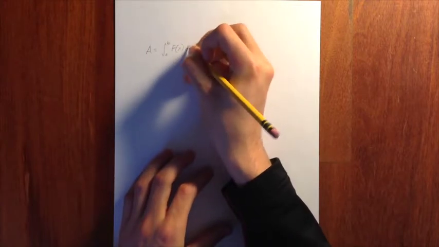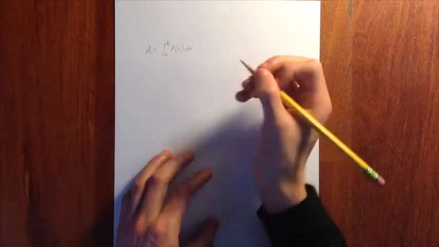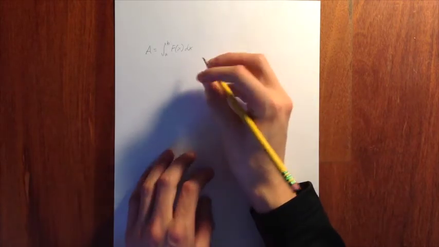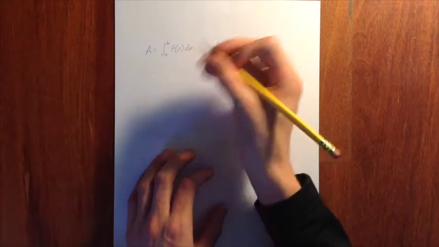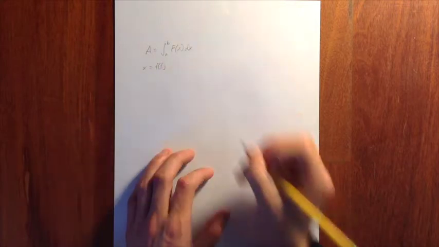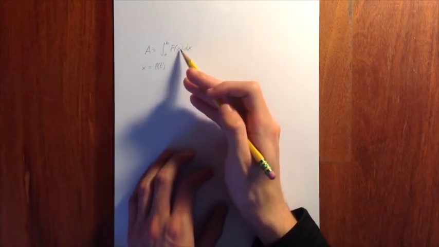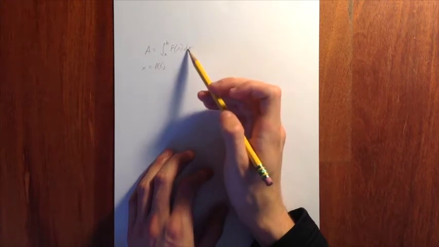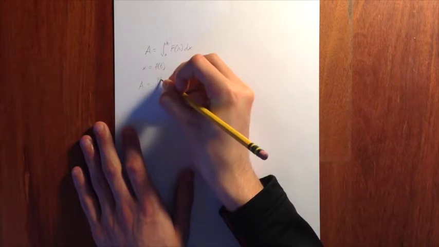We can then move to area, where traditionally we've been looking at area as a definite integral of a function, where that's the formula. For a parametric, essentially how you can think of it is this x is now a function, and you can say that x is equal to this function f of t. So you want this in terms of t, which means two things. You're going to plug this in, and you're going to want this dx. Our area is now going to change into a to b.